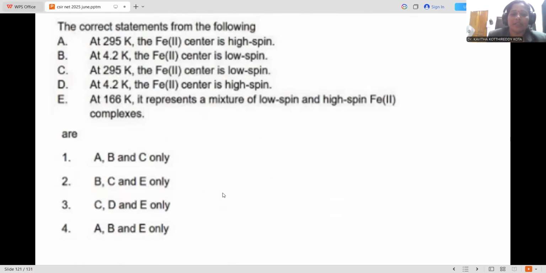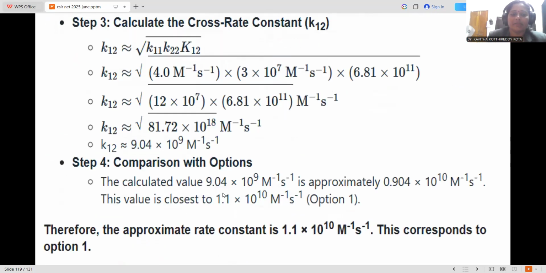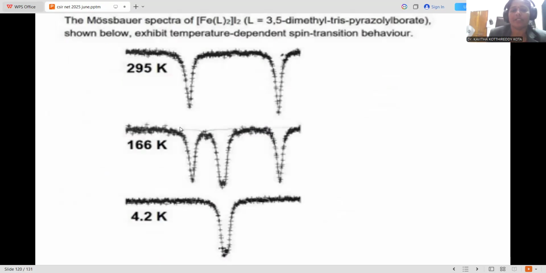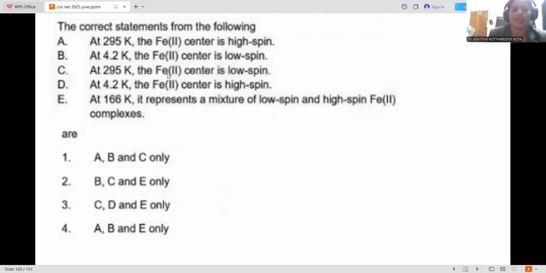If that is the case, what is the correct statement from the following? If this is the spectrum you got, what statements are correct among these options A, B, C, D, E? At 295 Kelvin, the iron plus 2 center is high spin.